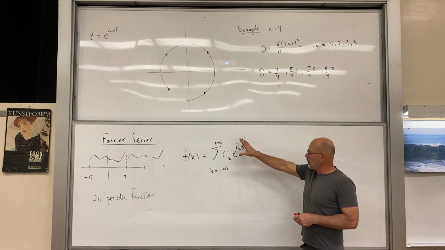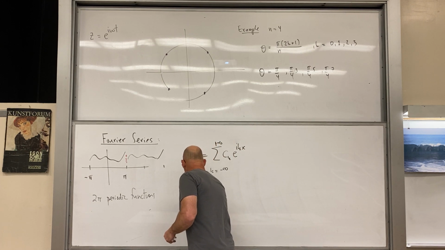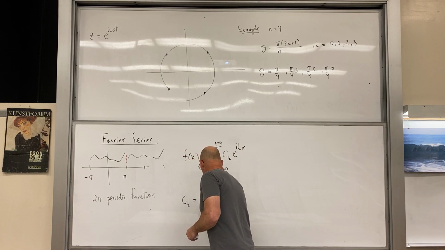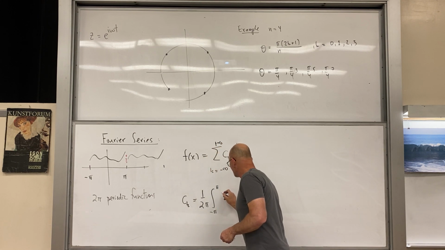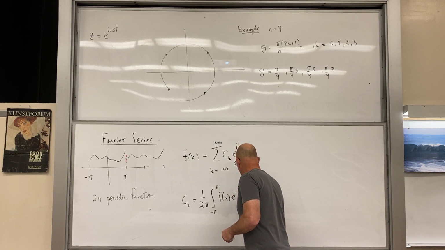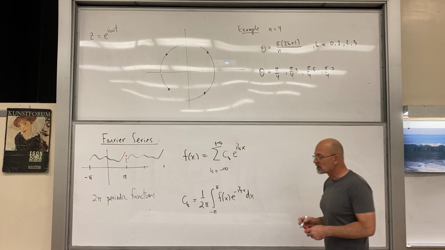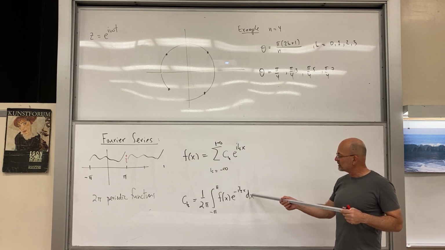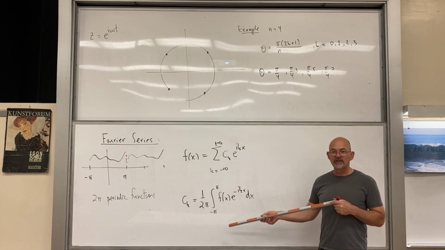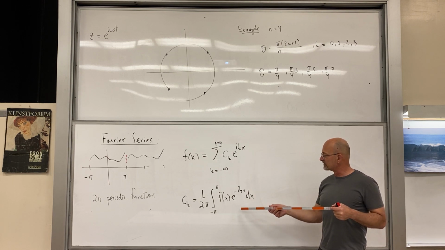And if and when this is possible, the coefficients are simply given by 1 over 2 pi, the integral from minus pi to pi of f of x e to the minus i k x dx. That's what we showed last time, and I'll refer you to that calculation. You should have a look at it and make sure you understand it. It's canonical and basic. It's not hard, very important.